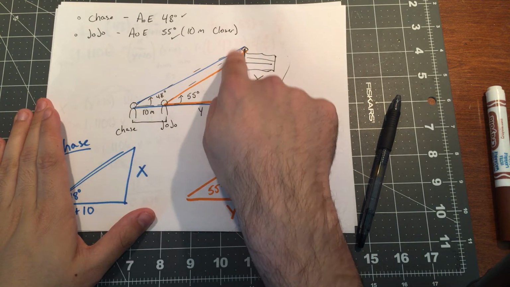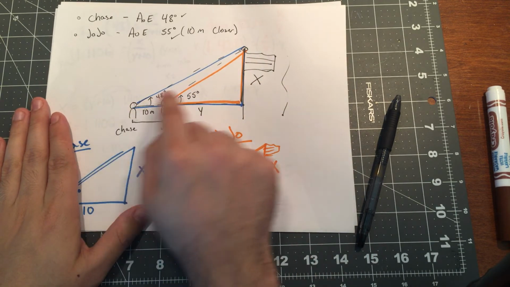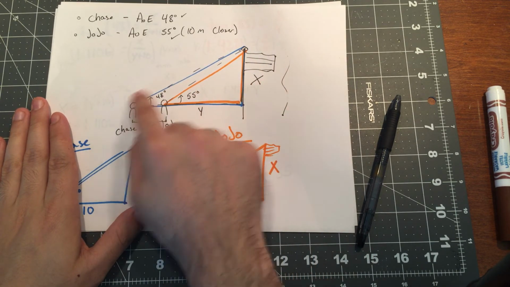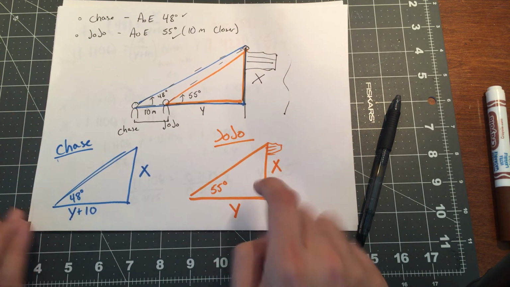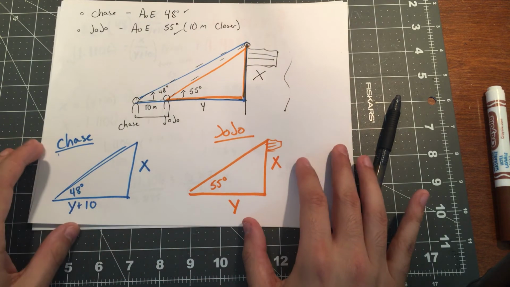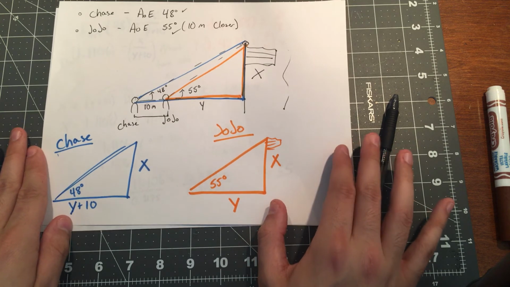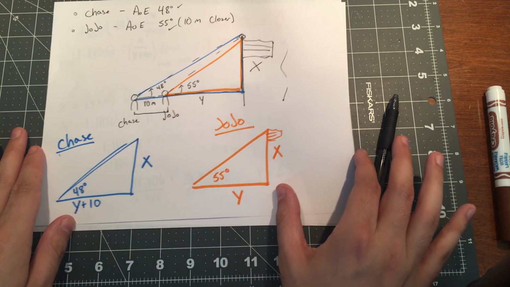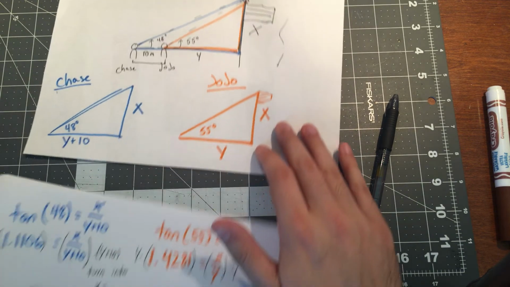So I set up two different trigonometry problems, one for each triangle that I have. There's an orange triangle and a blue triangle. I set it up here and I set it up here. I couldn't solve one of these because I have two variables. I need to use two triangles to solve two variables. From there, I just did my normal trigonometric functions.